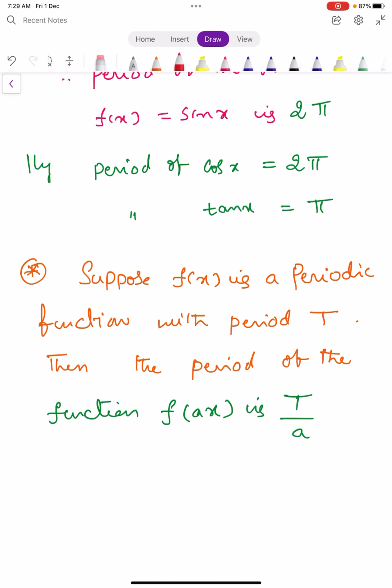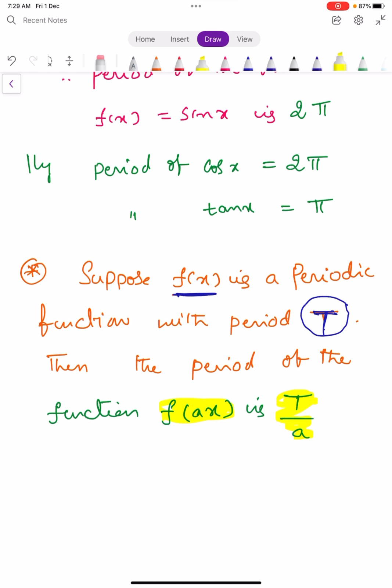Remember this one. Suppose f of x is a periodic function with period capital T, then the period of the function f of ax is given by capital T by a. One of the important points to remember.